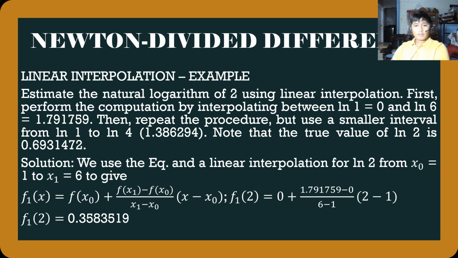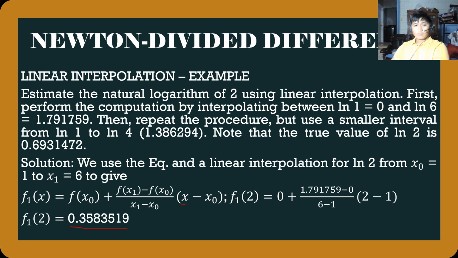So we get the value times x minus x sub 0. The value of x is 2, since we are after f of 2, so this is the corresponding value.